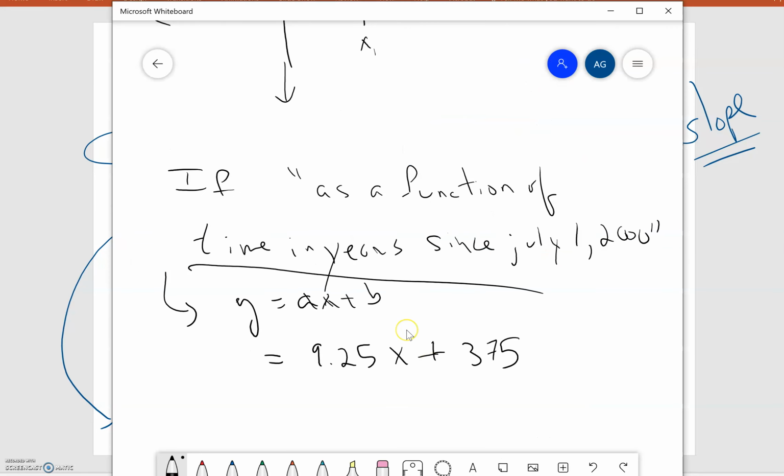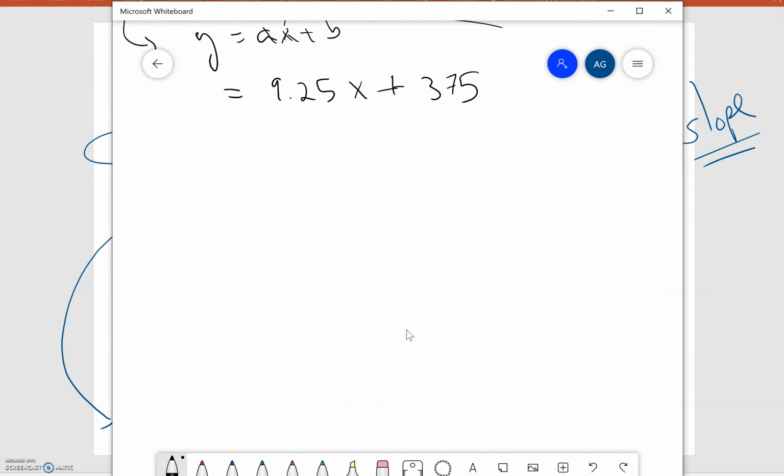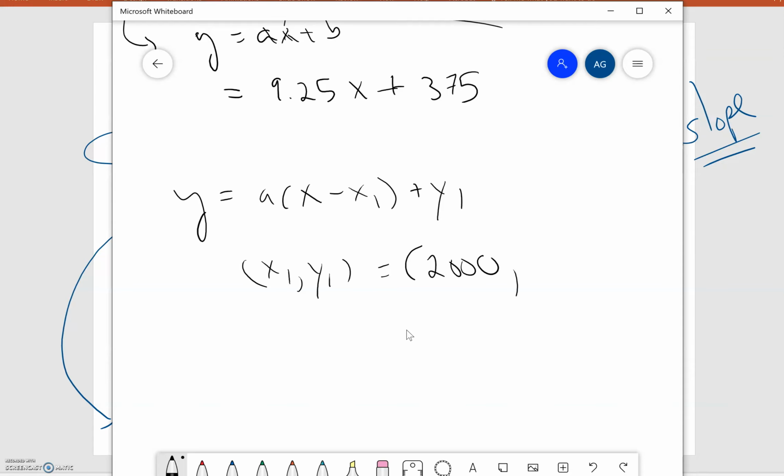So what we would want to do here is instead write y equals, let's write the form down, x minus x1 plus y1, and x1, y1 is the point 2000, comma, 375.